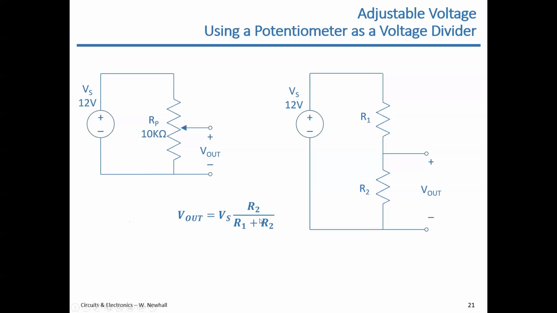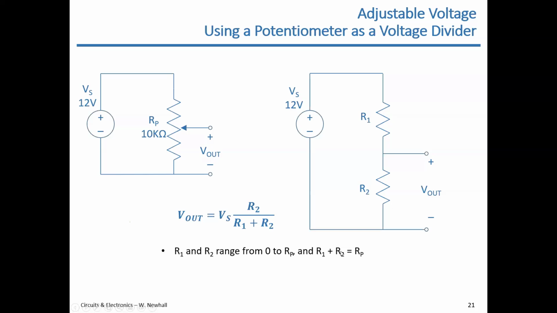So let's look at the range of R1 and R2 and figure out what the range of that output voltage is. As we saw on the previous slide, both R1 and R2 range from 0 to RP. Now there's a relationship between R1 and R2, but each one of those individually can range from 0 to RP, 0 to 10K in this case.